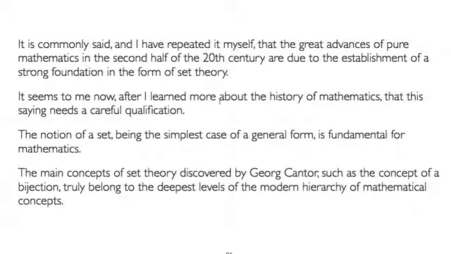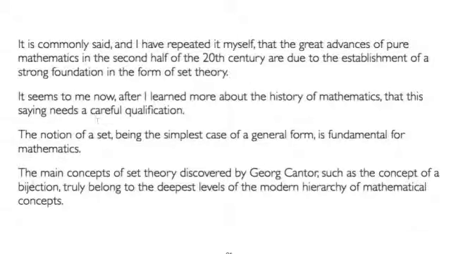Here I have repeated myself: the advances of mathematics in the second half of the 20th century were great, fantastic advances that were due to the establishment of a strong foundation in the form of set theory. Now I want to say it slightly differently, and to correct myself in particular. I think that the notion of a set, which is the simplest case of a general form, is absolutely fundamental for mathematics.